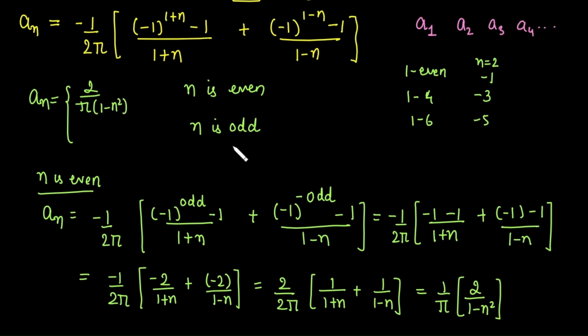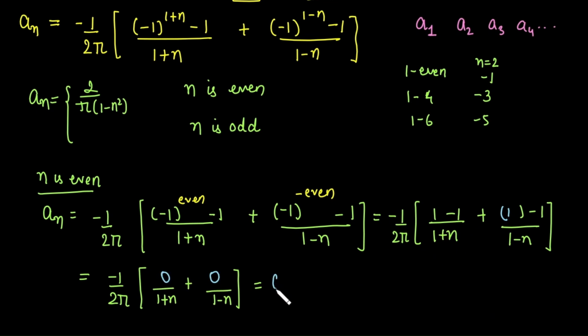Now when n is odd, what do we have? In case of odd, this quantity is even and this quantity is also even but negative of even. Minus 1 raised to power even is always 1, and in this case minus 1 raised to power minus even is again 1. 1 minus 1 is 0, and even in the next term we are getting a 0 in the numerator.